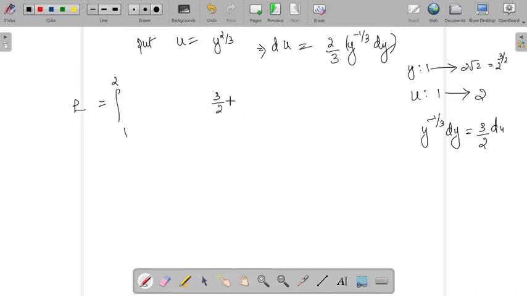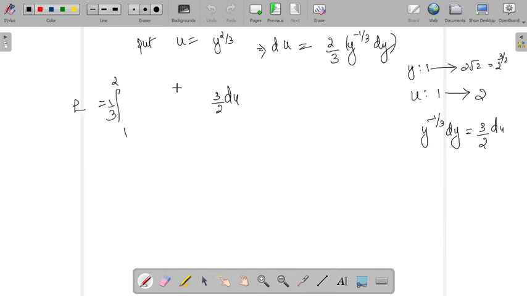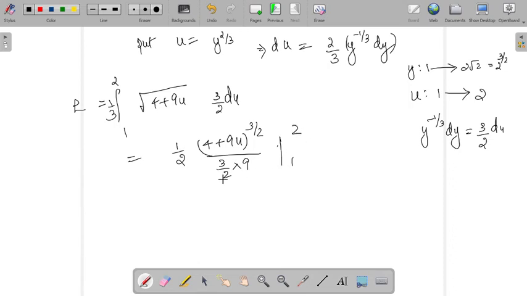With 3 by 2 du replacing it, the remaining 1 by 3 is there outside, and this will be root of 4 plus 9 u. So 3 will cancel off, you will get 1 by 2, 4 plus 9 u whole raised to 3 by 2 by 3 by 2 into 9. So that will be the value of the integral.